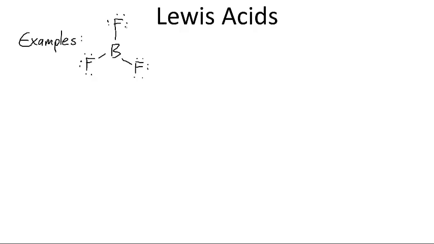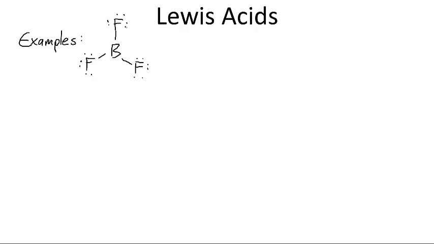But there's another thing here that makes this a great electron pair acceptor. Well, there's a lot of lone pairs, but we're talking about accepting more electrons. So the lone pairs aren't really what's helping it be an electron pair acceptor. Boron's missing electrons. Boron's not following the octet rule right now.